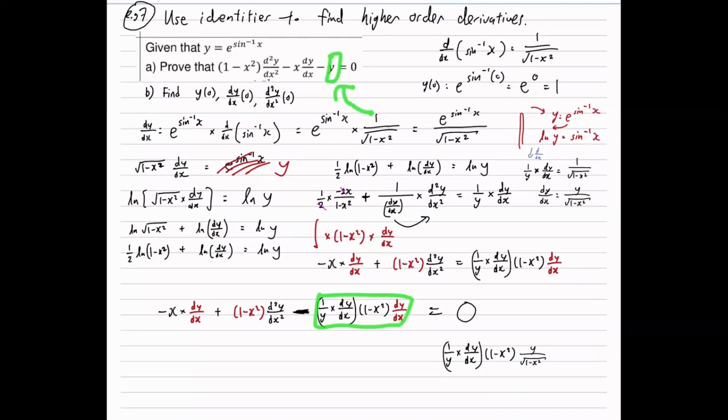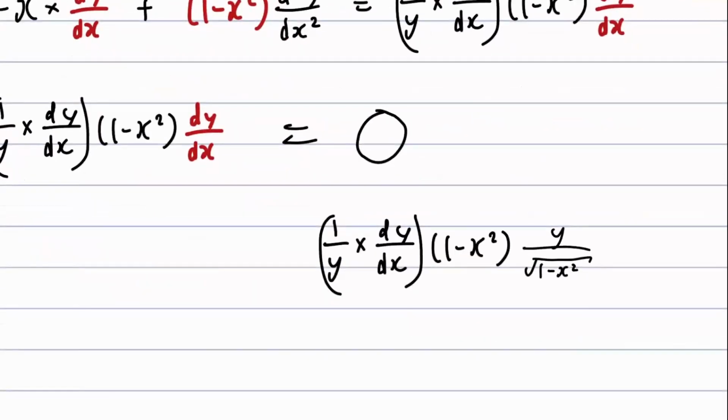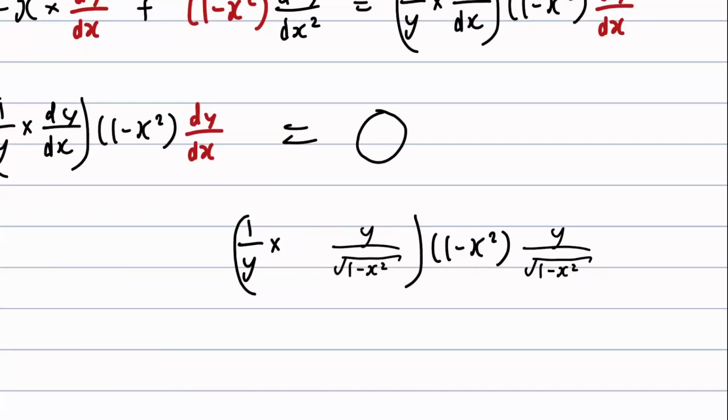Does that have any dy dx at all? No. Here we don't have it, but here we have 2 copies of dy dx. So what should we do? Sub in for both of them. Don't just sub in for one, sub in for both. Let's do that. So 1 over y times dy dx, remove the dy dx, replace it with this.